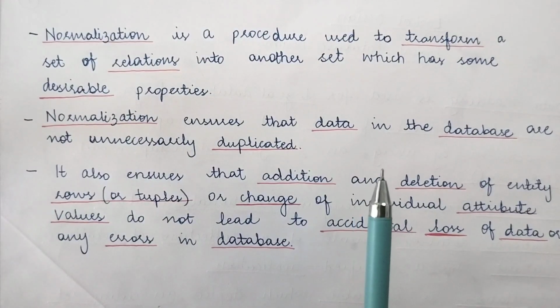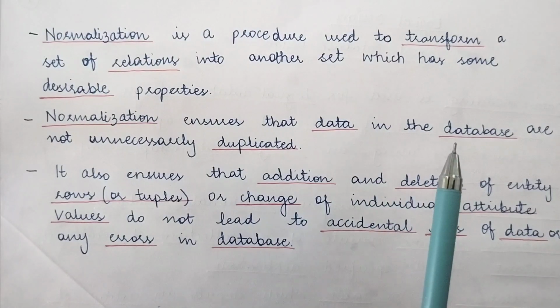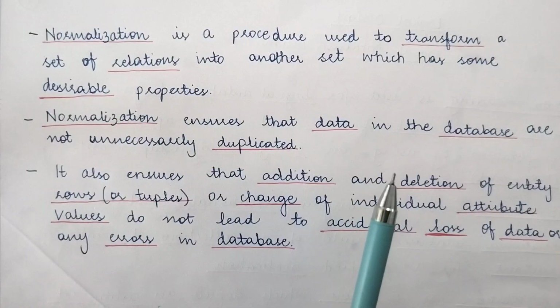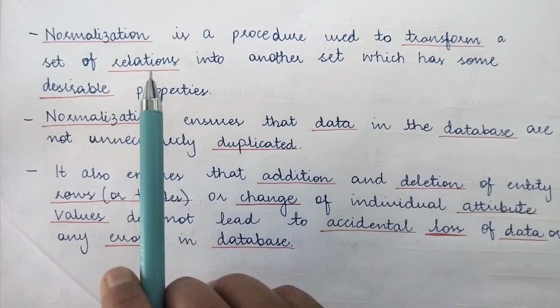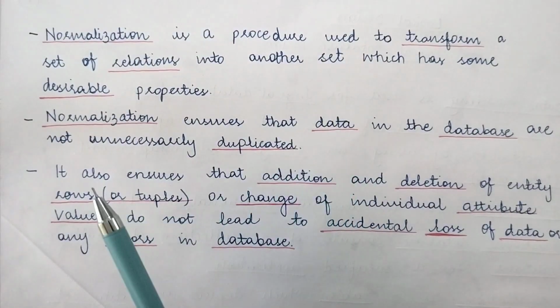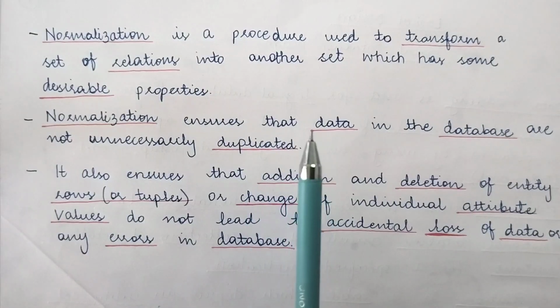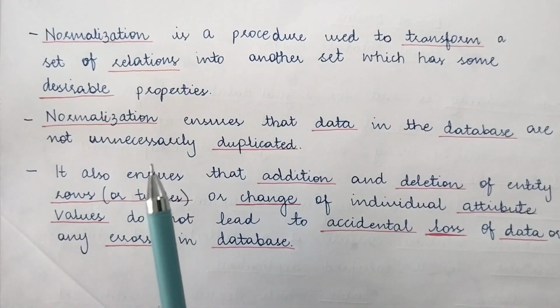So later, with the passage of time, we discover that there are some flaws or anomalies in those relations which have to be corrected or filtered. So for that reason, normalization is used so that the relations in their original or raw form can be transformed into the relations which have all the desirable properties required in a relation.